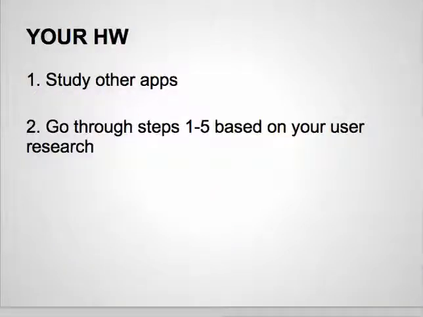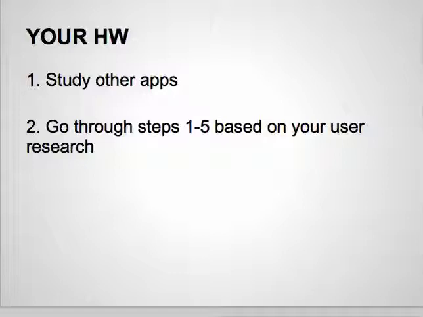So your homework is to study some other apps and try to figure out what the tools they're showing, what requirements they meet. So you're going to sort of reverse engineer. You're going to look at a mobile app, and if you don't have a mobile phone, I suggest you borrow one. Contact me if you absolutely have no access to one, and we'll come up with a solution for you.